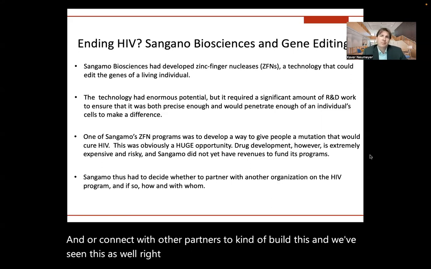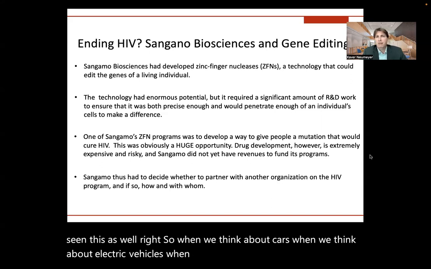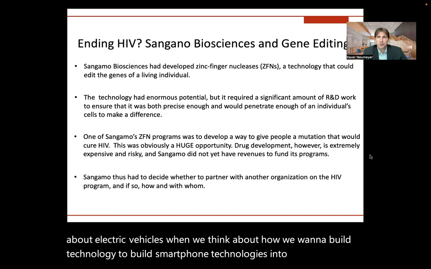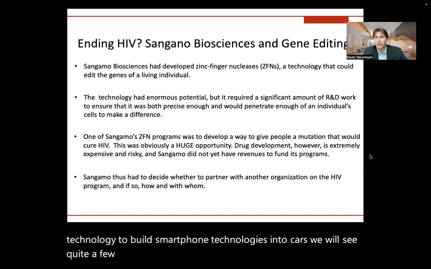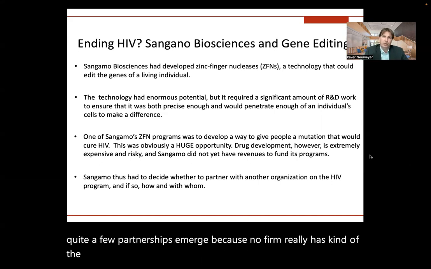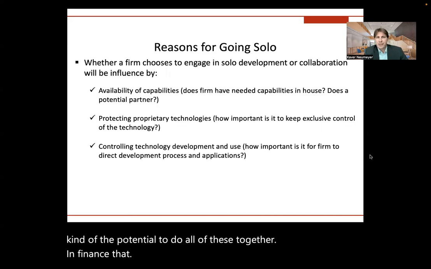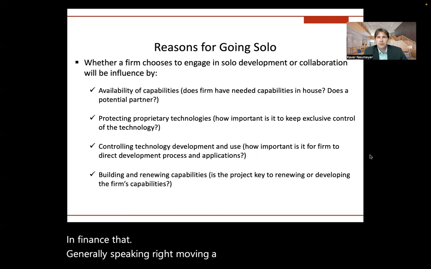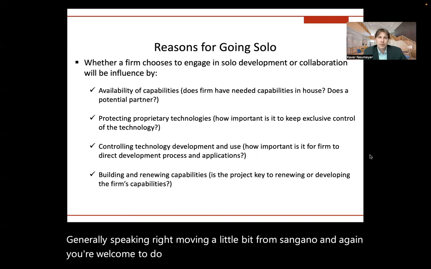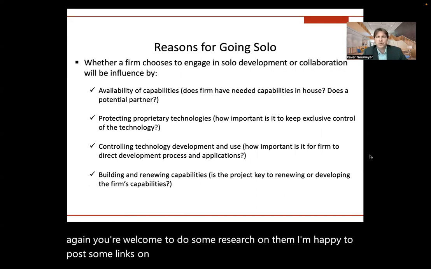When we think about cars, when we think about electric vehicles, when we think about how we want to build smartphone technologies into cars, we will see quite a few partnerships emerge because no firm really has the potential to do all of these together and finance that. Now, generally speaking, moving a little bit from Sangamo, and again, you're welcome to do some research on them. I'm happy to post some links on what they've been doing.